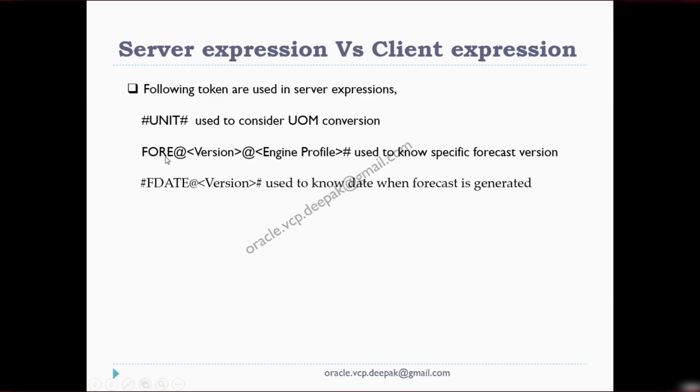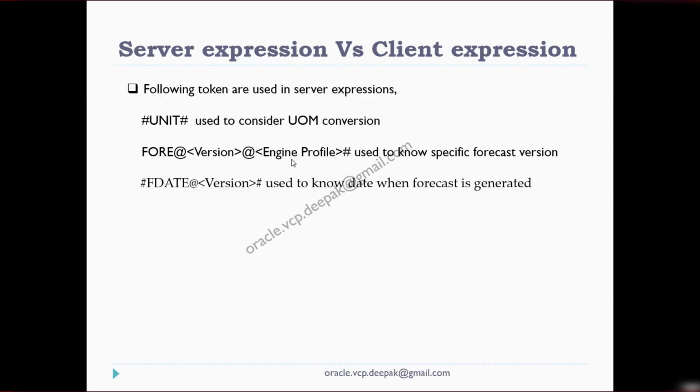Okay, so you can mention that for @version. That version will be 0, 1, 2, 3. So if I want to see the forecast from 1, then I will mention number 1. @engine profile: we might have a different engine profile.